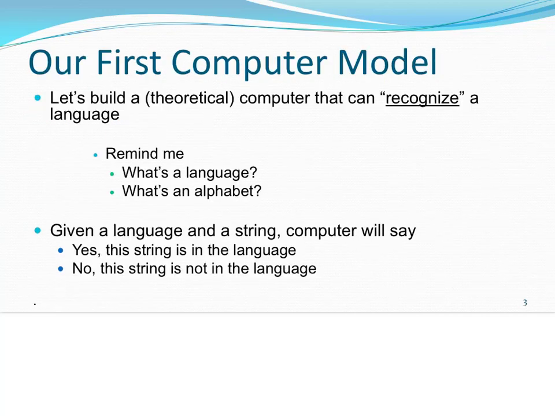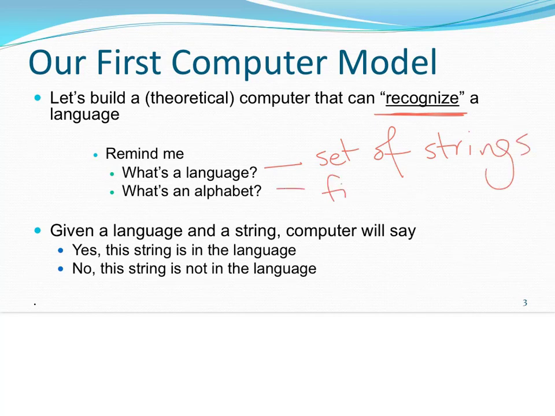So our first, simplest computer is going to be a theoretical computer, and it's going to be a computer that can recognize a language. So let's just remember, a language is a set of strings, and an alphabet is a finite, very important set of symbols.